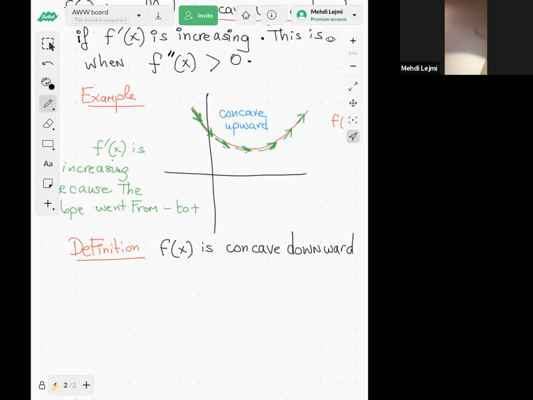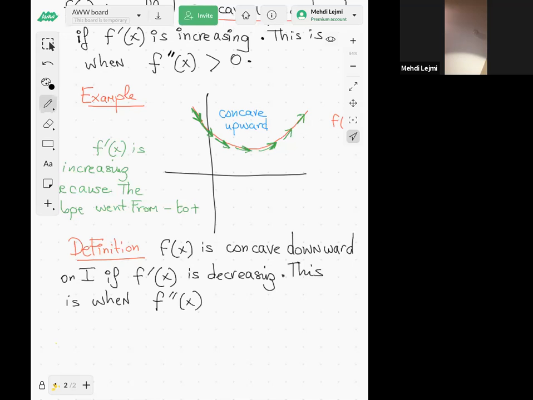If on the interval I, if f prime of x is decreasing. So this is when the function is decreasing, when the derivative is negative. So this is when the derivative of f prime, which is the second derivative, is negative.